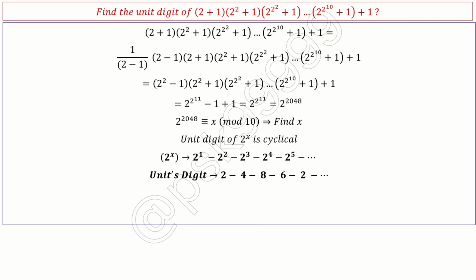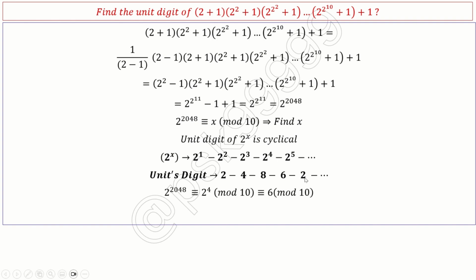If I write like this, the units digit is 2, 4, 8, 6 and 2, cyclical, right? So 2, 4, 8, 6 and then it becomes cyclical. Cyclicity is 4. So 2 to the power of 1, the remainder when you divide with 10, is 2. 2² is 4. 2³ is 8. 2 to the power of 4 is 6. 2 to the power of 5 is 32, which means 2. Correct?